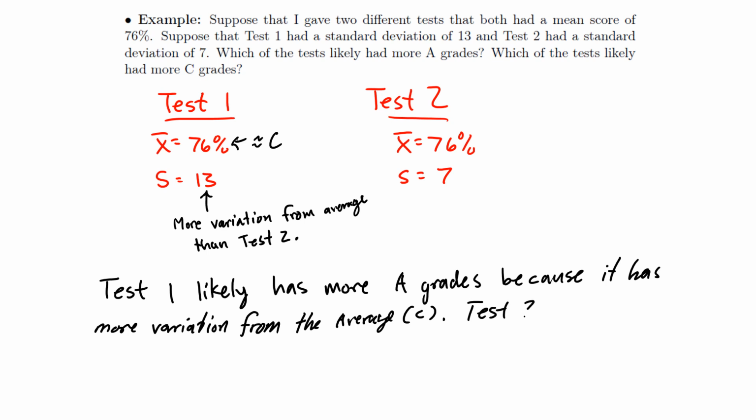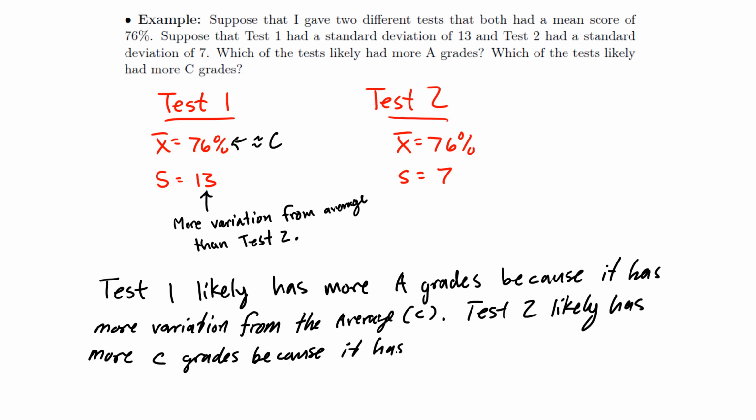Test 2 likely has more C grades because it has less variation from the average than test 1.